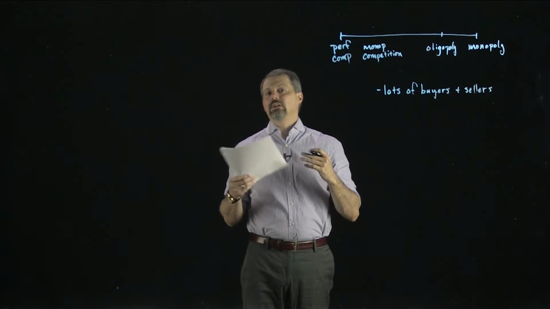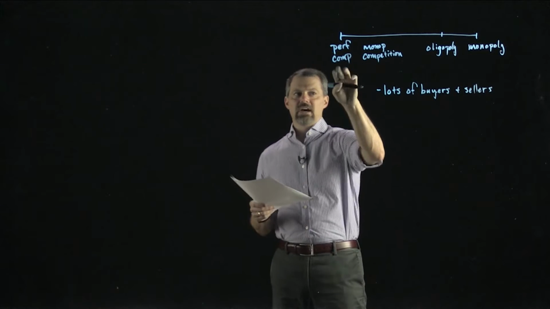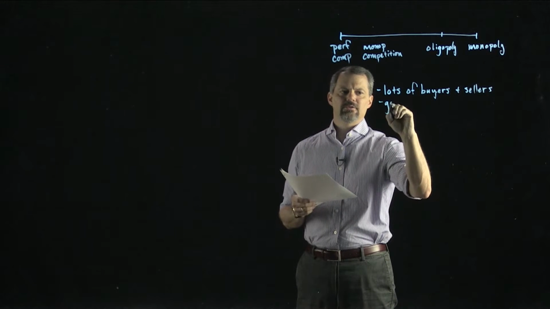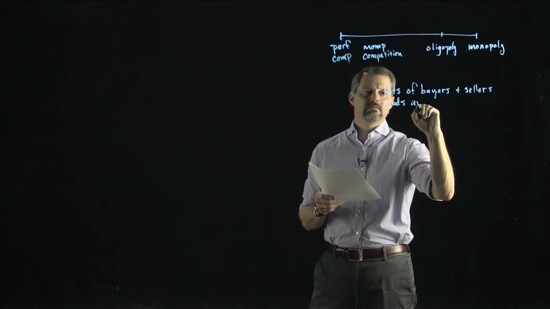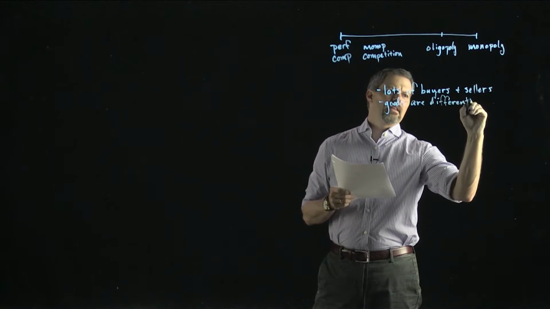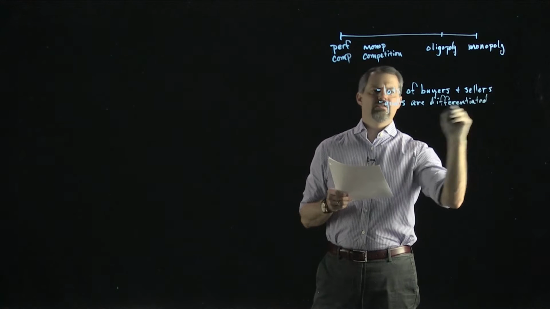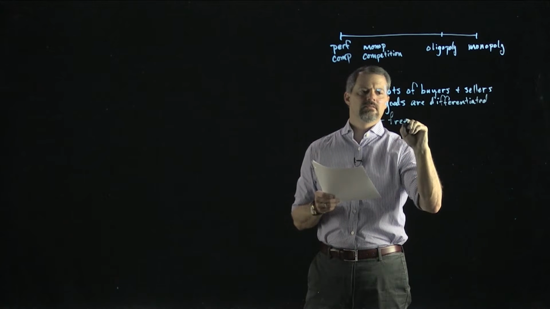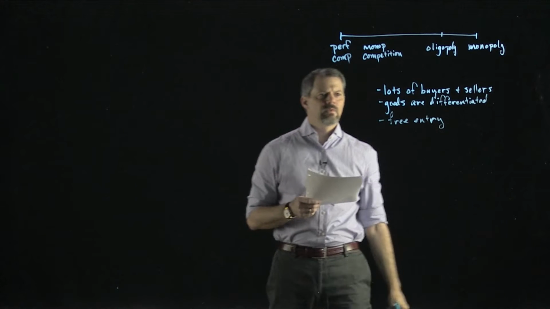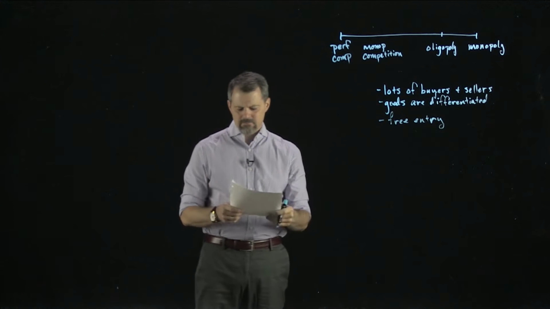The goods are going to be differentiated, so the goods are not going to be identical like they would be with perfect competition. And then we've got free entry. There's free entry into the market.